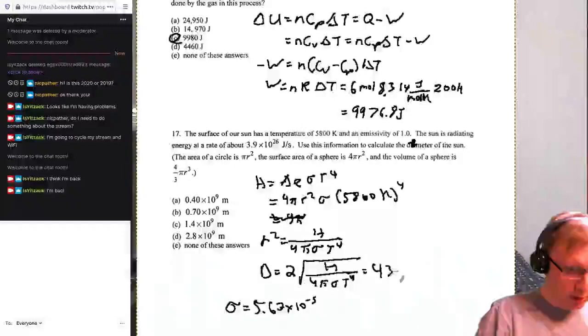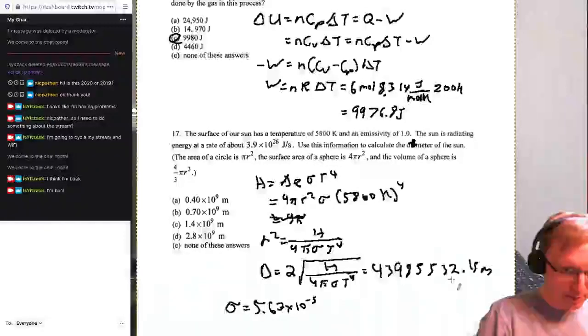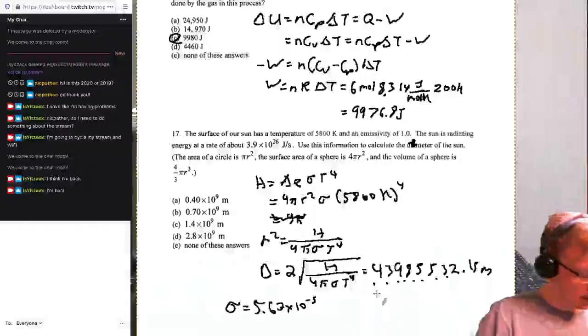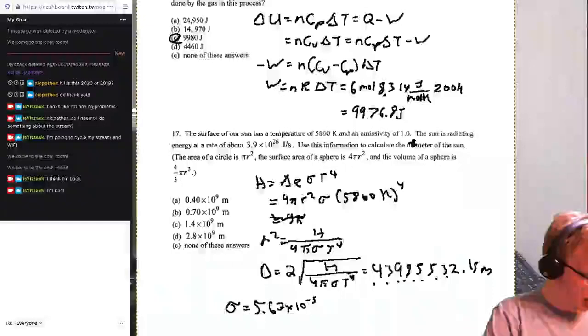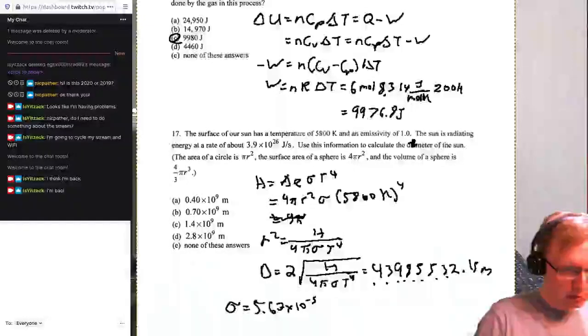Anyways. 4, 3, 9, 8, 5, 5, 3, 2.15 meters. Really? Divide by 10 to the 9. Uh-oh.